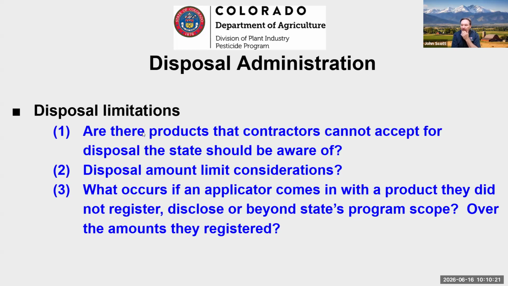On that note, I know that was a question that came up. If an applicator comes in with something they didn't register or disclose, or it's beyond the state's scope, will the contractor work with them separately to still accept it at the time of an event? Well, why would we need to work with them separately if the state's still going to pay for it?